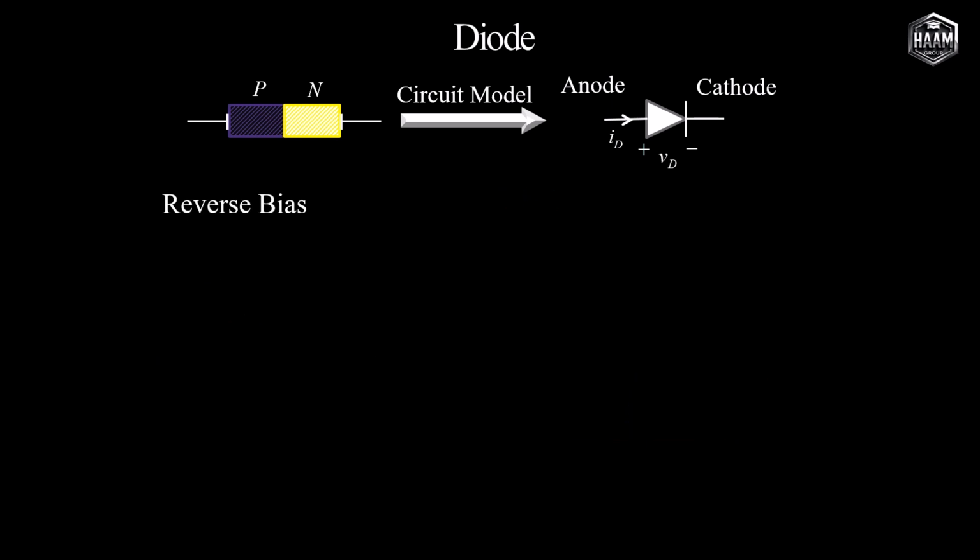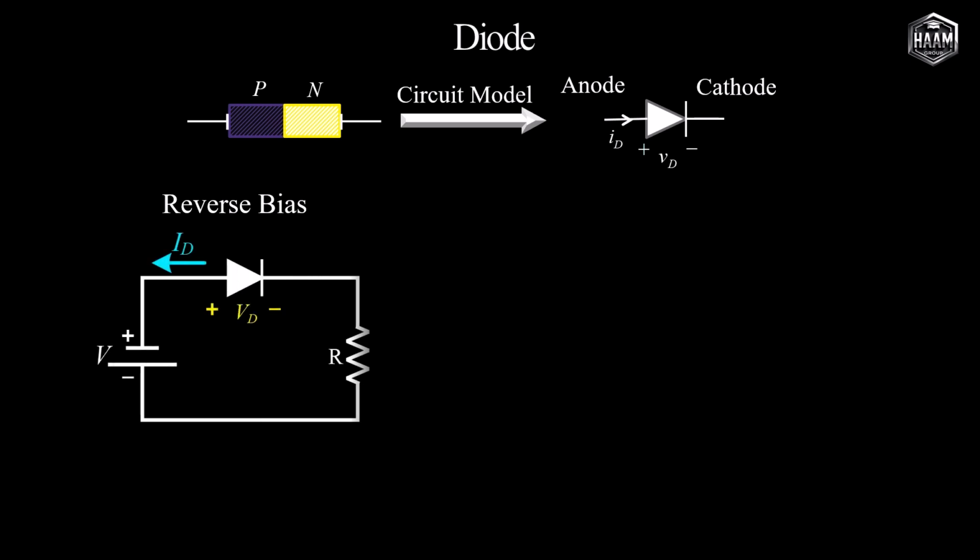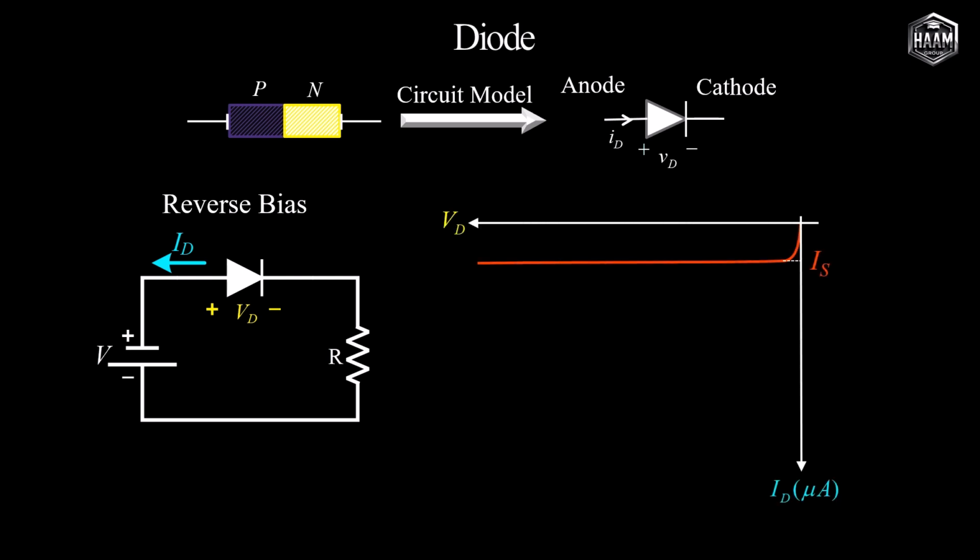Under reverse bias, however, the IV curve behaves differently. Over a very small region, the current rises from 0 toward a value denoted I_s, following a curved profile, and then remains approximately constant at I_s over a substantial range of reverse bias voltages.